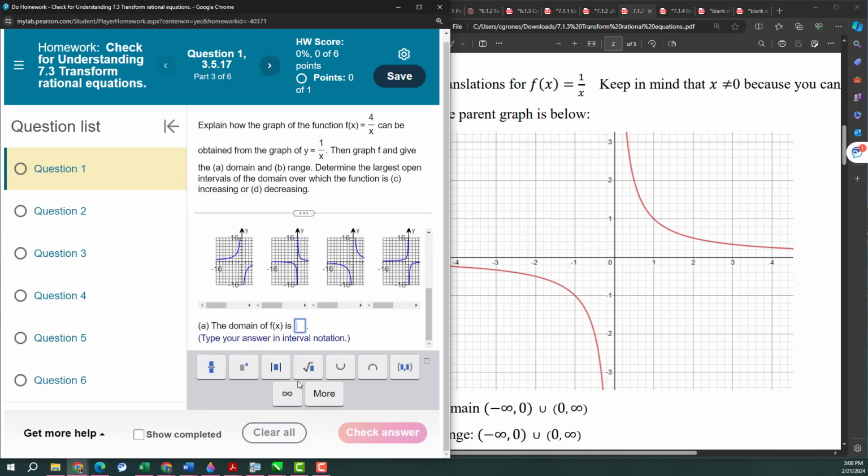So our intervals would be negative infinity to 0. And then also it's going to be 0 to infinity.